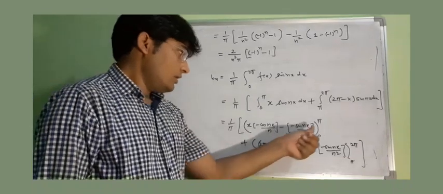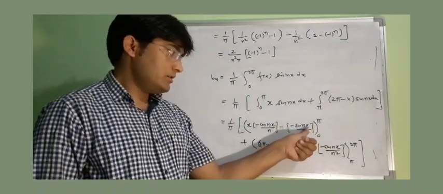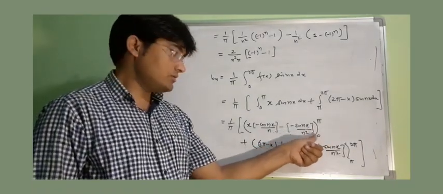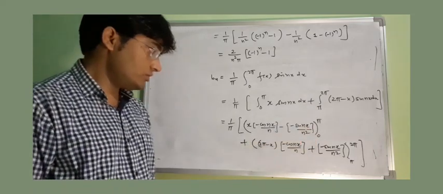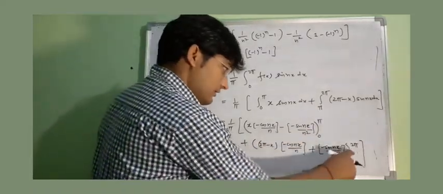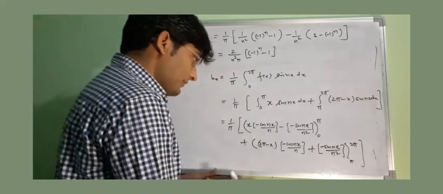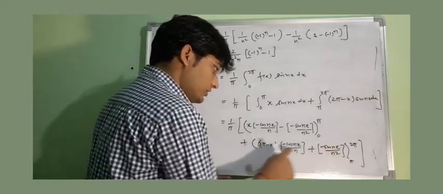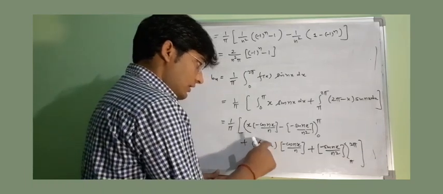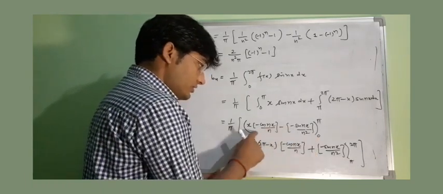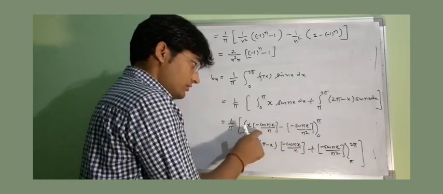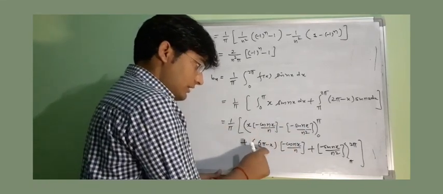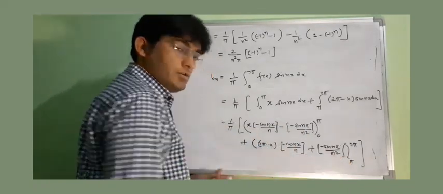Okay, now you can see that sin n pi is 0 and sin 0 is 0, so this term will be 0, and again this term is 0. For this term your upper limit will be 0 as x is 2 pi, and for this term your lower limit is 0, so its upper limit will exist and this term will have the lower limit.